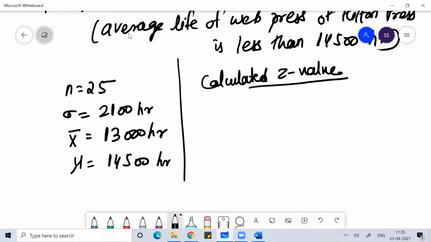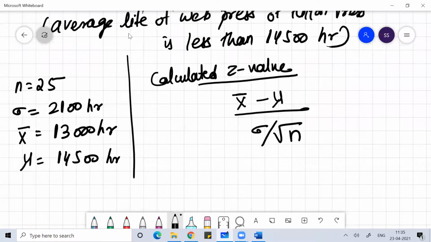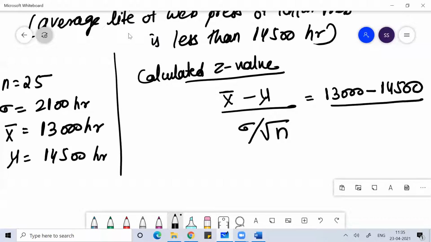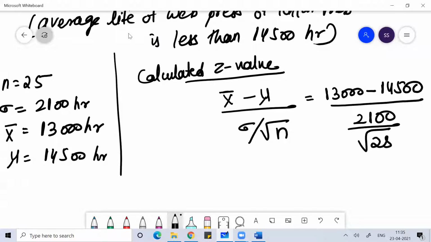The calculated z value formula is x bar minus mu divided by sigma by root n. So x bar is 13,000 minus mu, which is 14,100, divided by sigma, which is 2100, divided by root n, where n is 25.